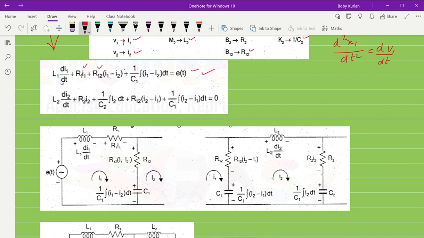E of t drops across L1, R1, R12 and C1. So these four elements come: L1, R1, R12, C1.